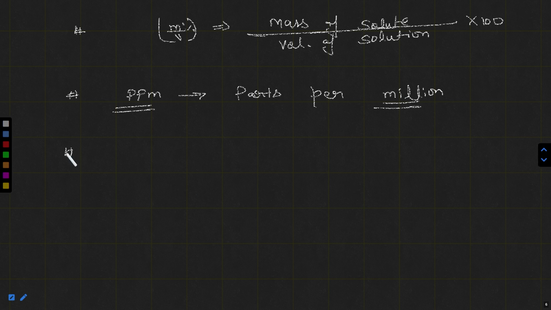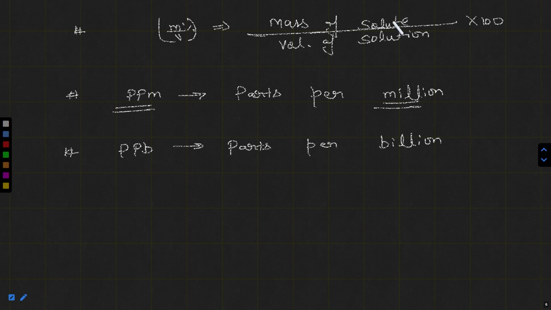Similarly, we have ppb, which is parts per billion. In terms of parts per million and parts per billion, we can calculate the concentration if very few particles of solute are present in solution, and the same formulas you can apply.